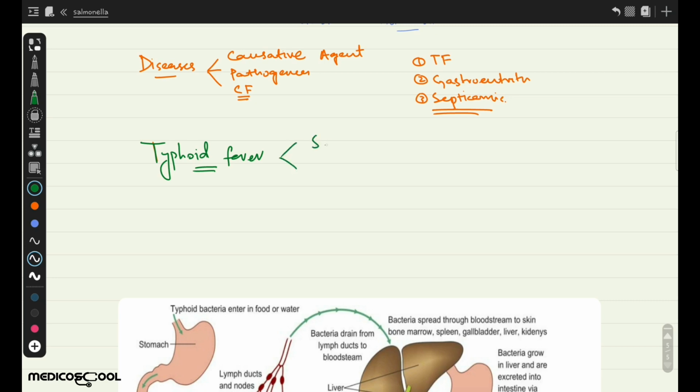The first one is Salmonella typhi, and the second one is Salmonella paratyphi, which includes all three agents, A, B, and C. All the A, B, C paratyphi cause typhoid fever, but the most important is Salmonella typhi, which causes typhoid fever, also known as enteric fever.